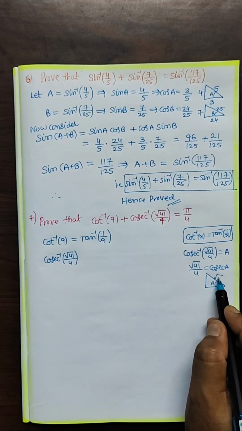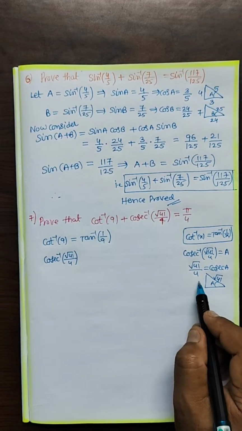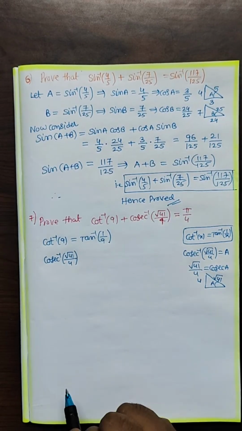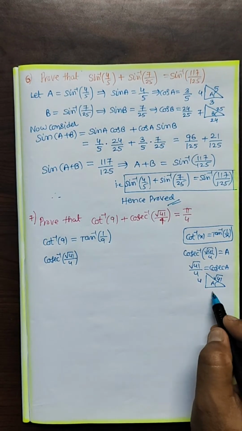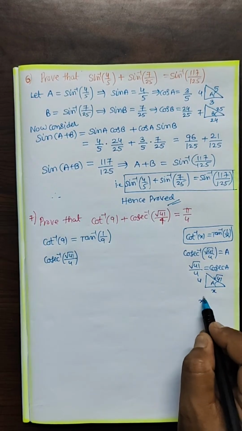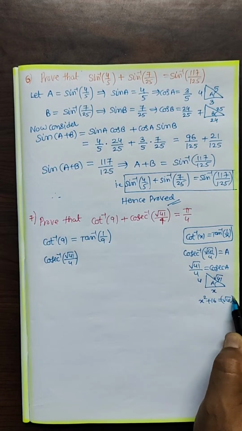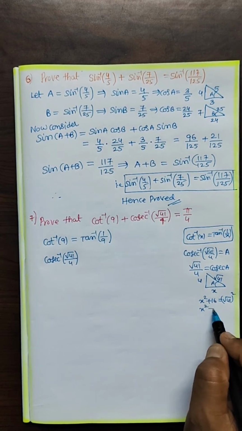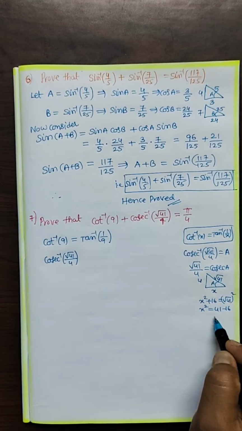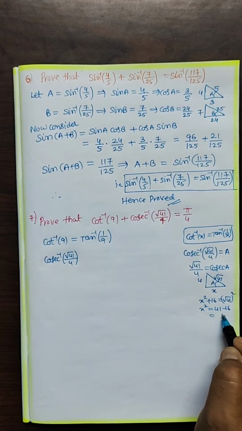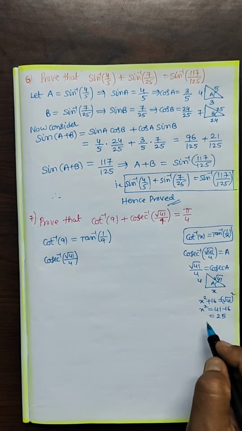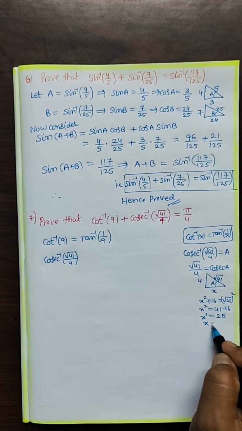So root 41 divided by 4. So if you take this one, x square plus 16 is equal to root 41 square. So x square is equal to 41 minus 16. So x square equal to 25 means x is equal to 5 only.